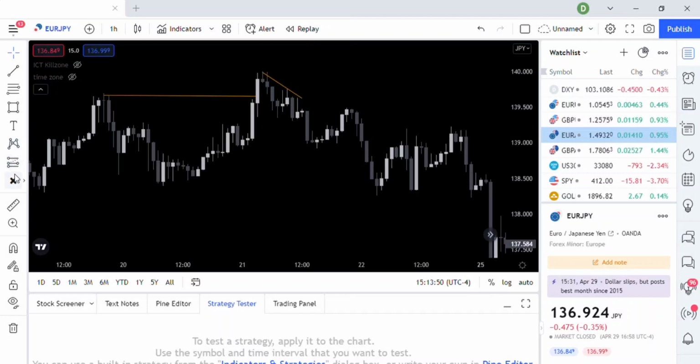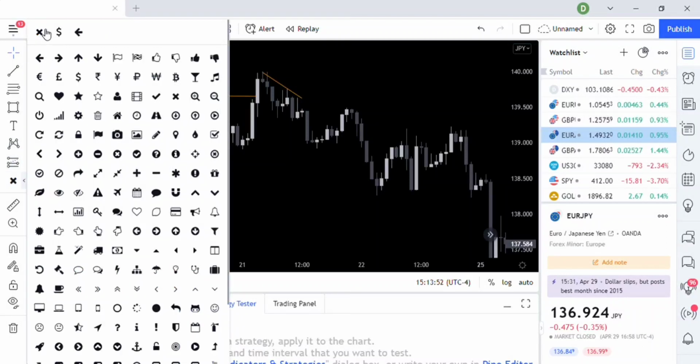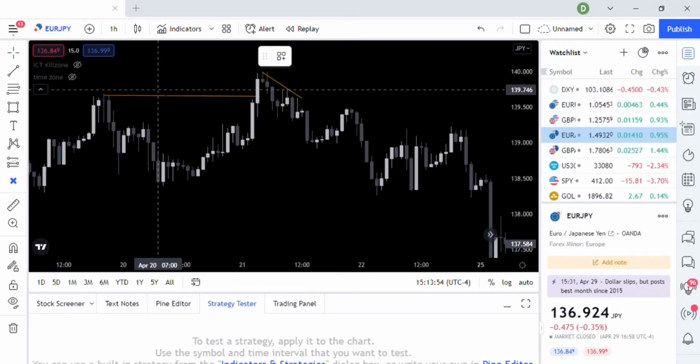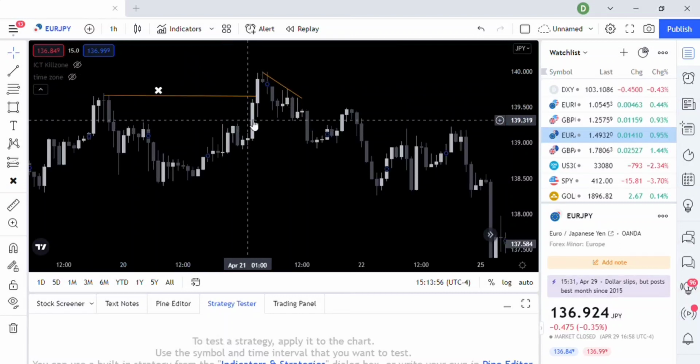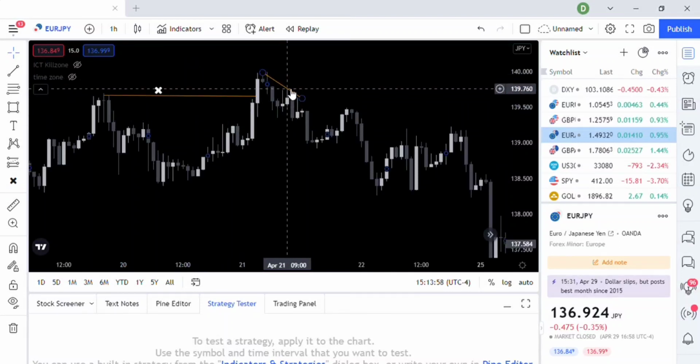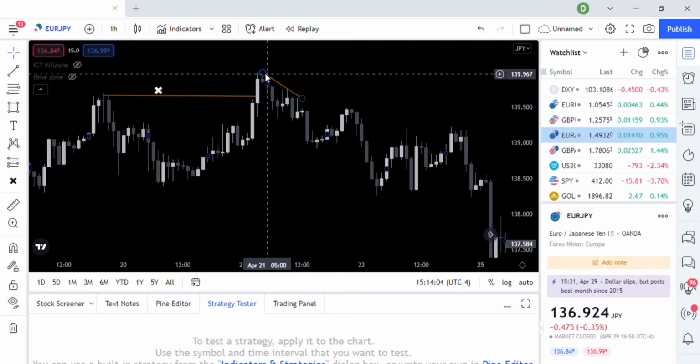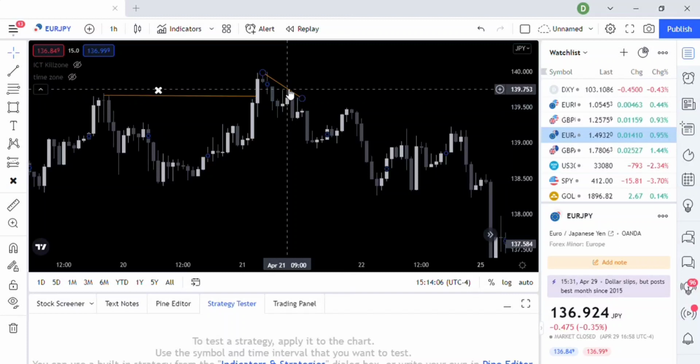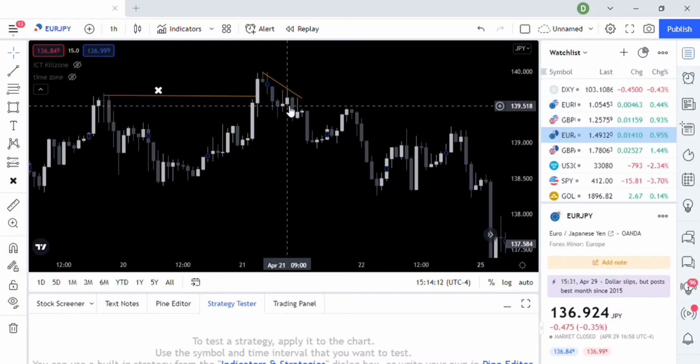When this high gets taken out, which is aka liquidity, and price forms right here, the moment price takes out the low of this up candle that tried to reach up for this high, that's automatically your entry for a mitigation setup.